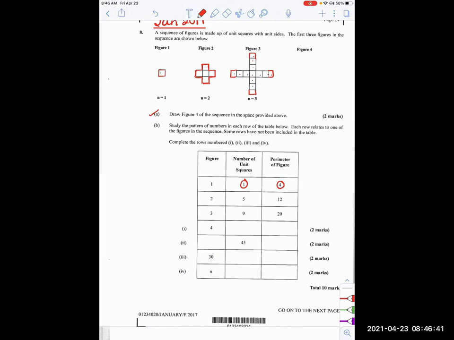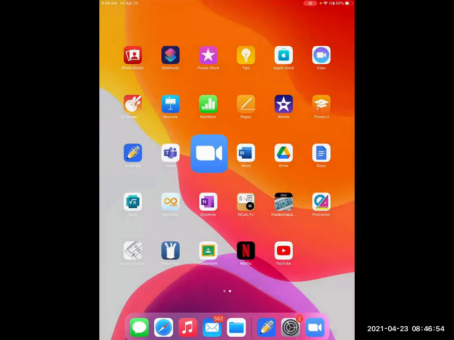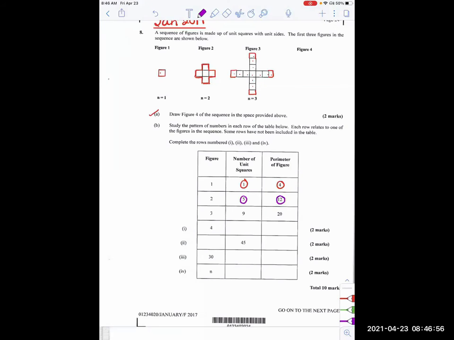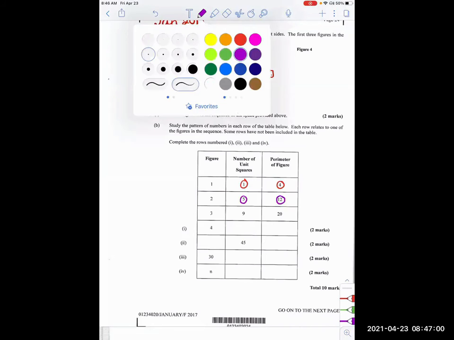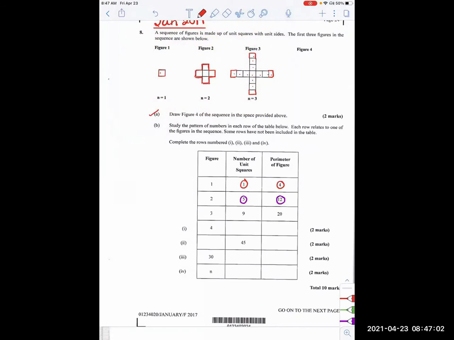For figure 2, we have 5, and here we have 12. For figure 3, we have 9, and for the perimeter, we have 20.